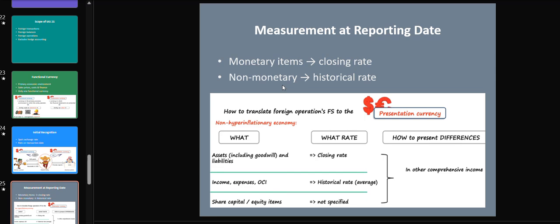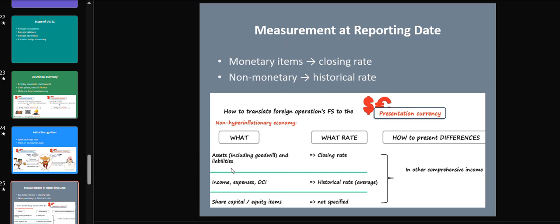Second, non-monetary items like land or inventory which are carried at cost. These usually stay at the historical rates, the rates from when you bought them. We don't revalue them unless specific rules apply to non-monetary items.